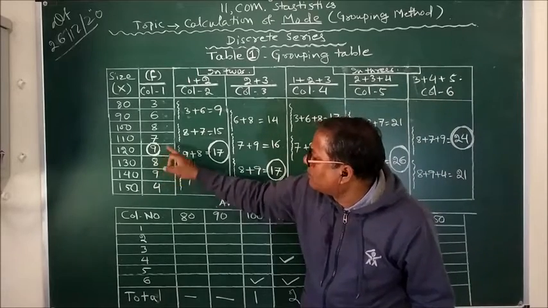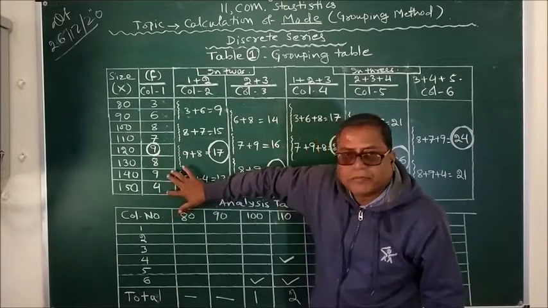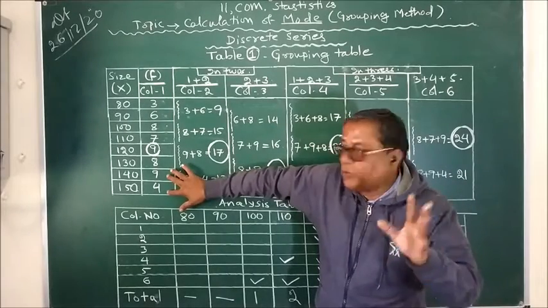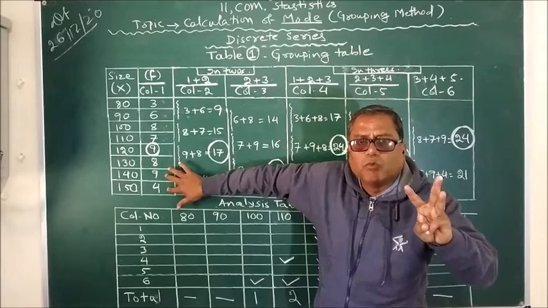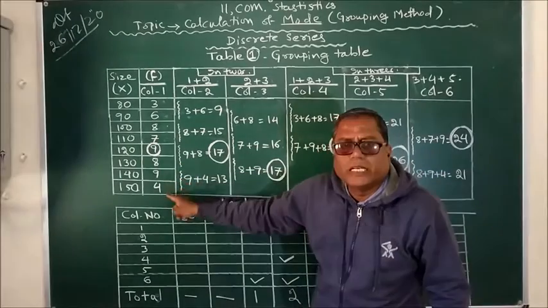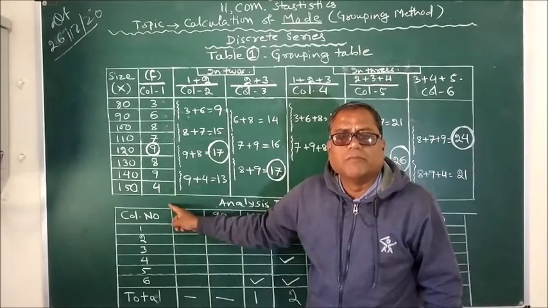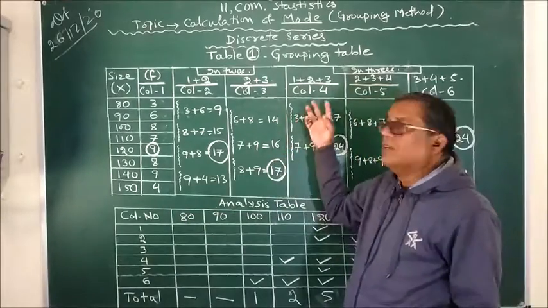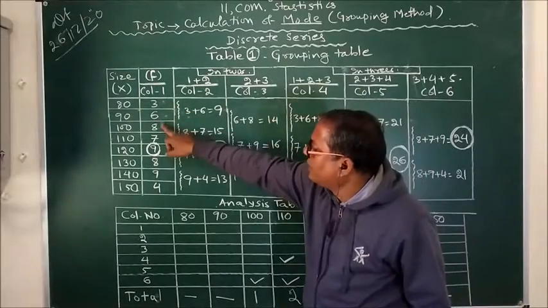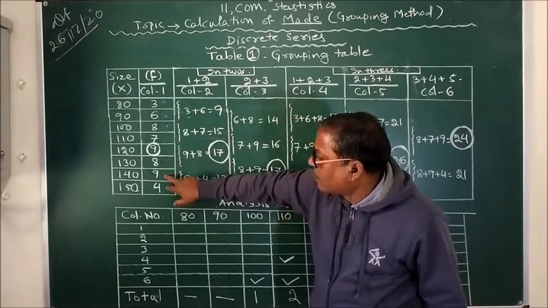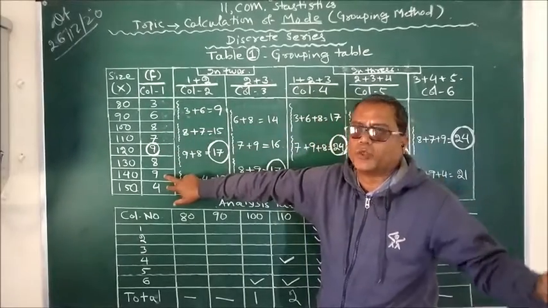After 7 plus 9 plus 8, we are left with 2 more frequencies. We don't have 3 more frequencies. That's why we simply ignore the remaining 2 frequencies, because we are making groups in 3s, 3 frequencies at a time. That's why first 3, second 3, and 2 remaining, ignore those 2.